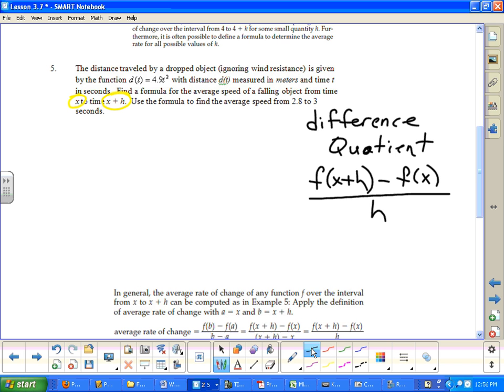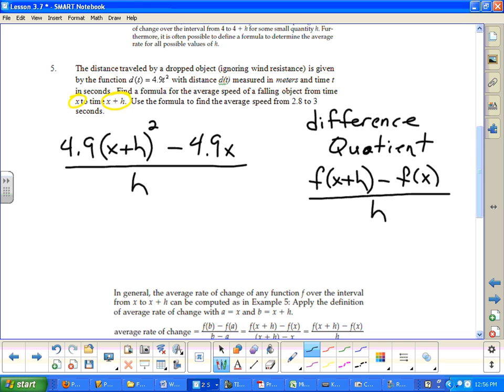So if we put 4.9 times x plus h, we're going to use x instead of t, squared, minus 4.9x, divided by h. There's our difference quotient for this function.